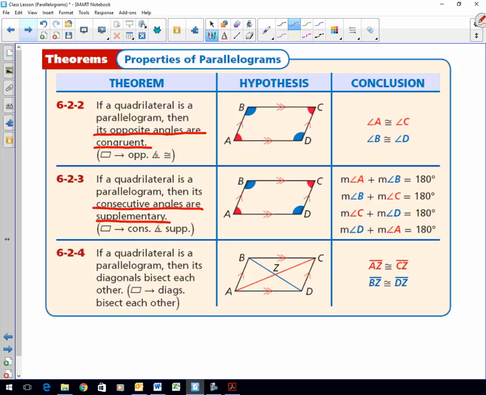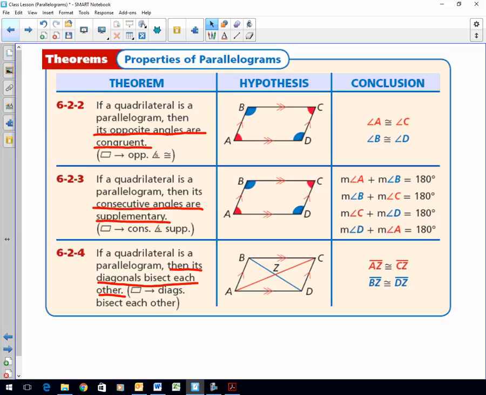And in a parallelogram, the diagonals bisect each other. Okay. I'll come back. All right, so here's what you should have in a parallelogram.